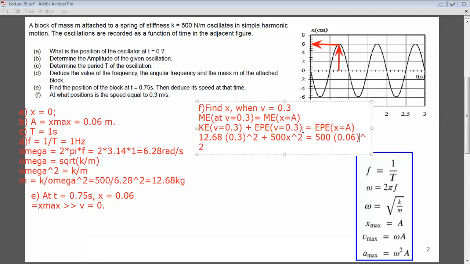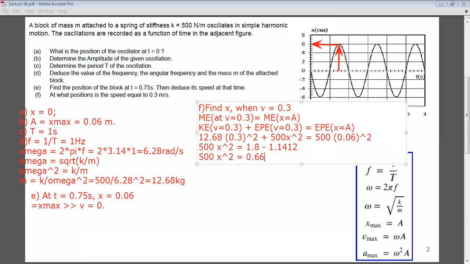Okay. Now this is just a mathematical equation. So 500 times 0.06 squared is 1.8. And 12.68 times 0.3 squared is 1.1412. So I will have 500 x squared is equal to 1.8 minus 1.1412. 500 x squared is equal to 0.66.